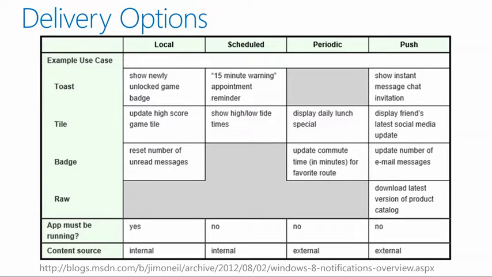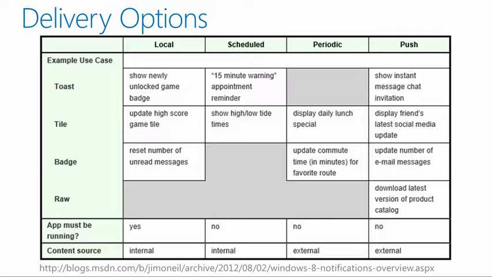This particular slide, while it's not beautiful like the rest of mine, the content is excellent. It's a great snapshot to show you when each type of delivery mechanism is appropriate for your particular application and what type of notifications are supported. If we start on the far right, push notifications, which is what we're talking about today, support all the different notification variations: Toast, Tile, Badge, and Raw.